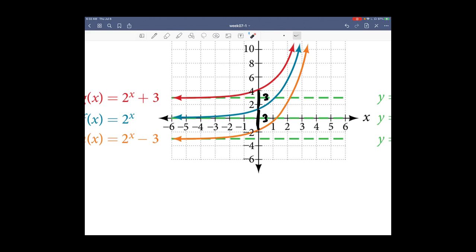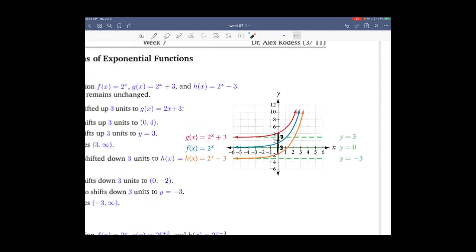And the horizontal asymptote is at negative 3. The horizontal asymptote of 2 to the power x goes downward by 3 units to produce the line y equals negative 3.